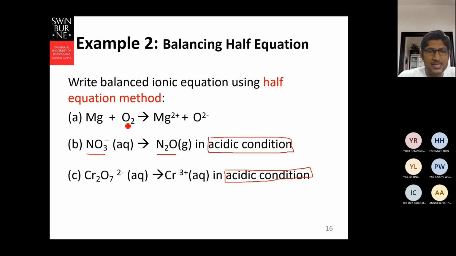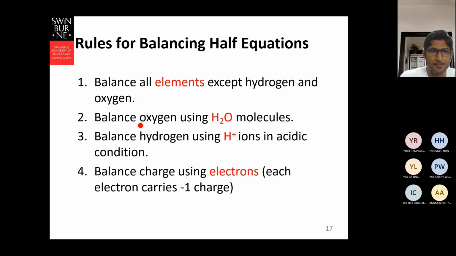So we divide it into oxidation and reduction, like half reactions. That means one half is oxidation, another half is reduction. The rule of balancing is that we balance all elements except hydrogen and oxygen. Hydrogen and oxygen we do not balance at the very beginning. Of course, we need to balance them, but later on.